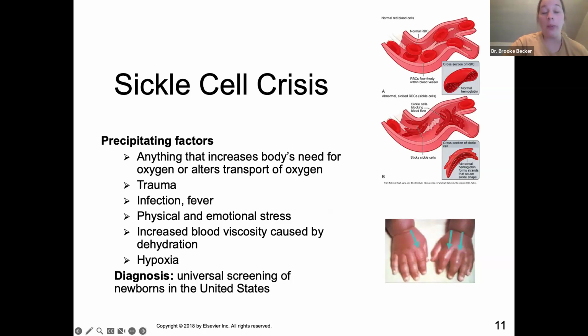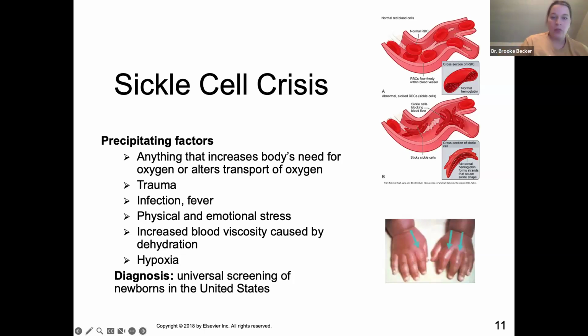Dehydration is probably the number one cause of sickle cell crisis in kids, because if we're dehydrated, we don't have good fluid reserves, so all of those sickle cells are more likely to clump up. Sickle cell anemia is diagnosed on the newborn screenings in every state in the US. Sickle cell trait will also show up.